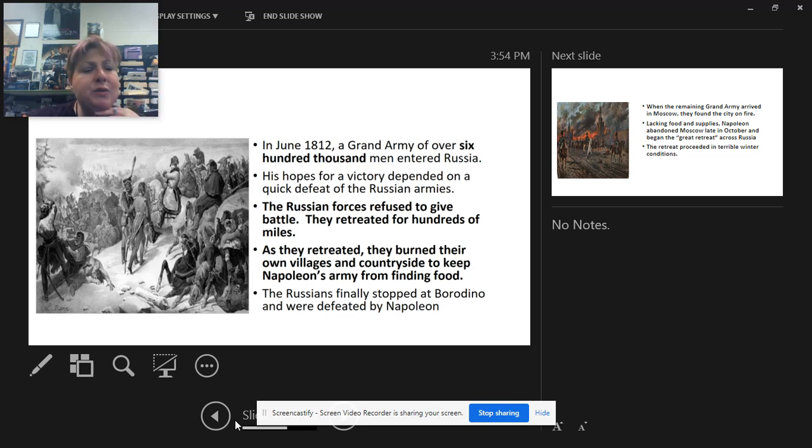Now, for the most part, some of these villagers are going with the Russian army, or they're moving to another village that's not in the path of Napoleon. So for the most part, most of these villagers are not starving to death, but the Russian army doesn't care. They only care that Napoleon can't get it.